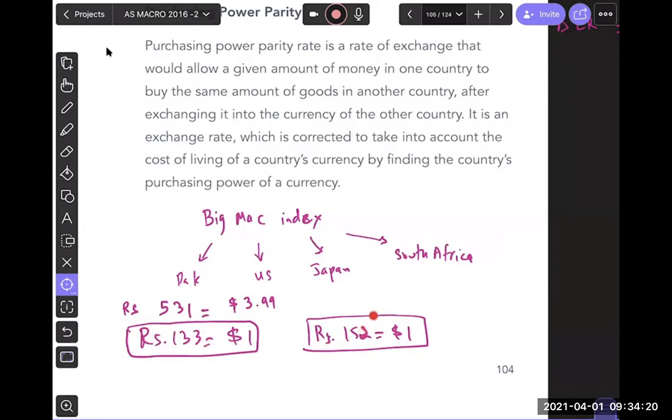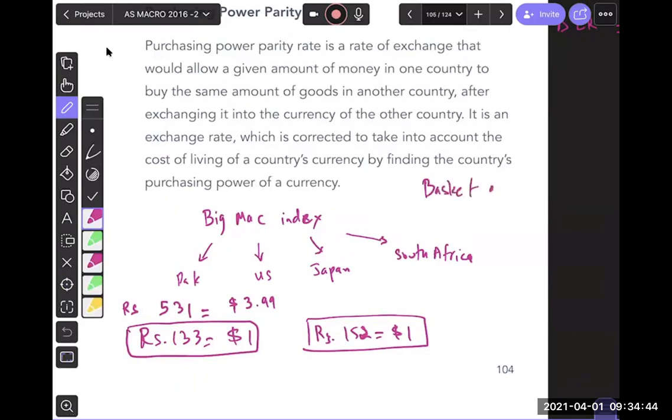In fact, if you ask me the value of rupee, it should be stronger. And by the way, this number was like 160 something a few days back, but it should be around this. So what happens is basically we create a basket of goods.